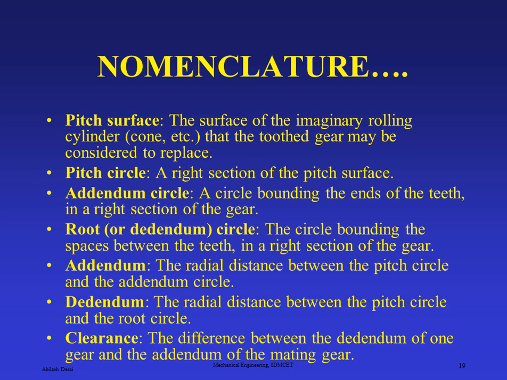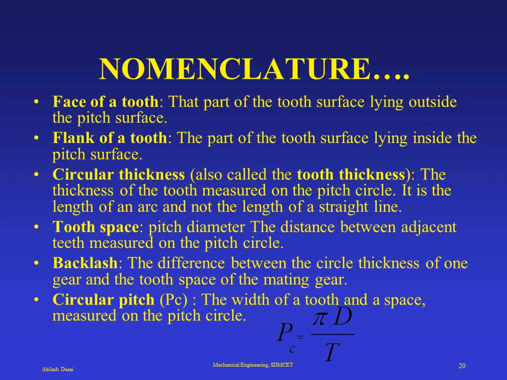Addendum is the radial distance between the pitch circle and the addendum circle on the top side, and dedendum is the distance from the dedendum circle to the pitch circle. Clearance is nothing but the difference between the dedendum of one gear and the addendum of the mating gear.